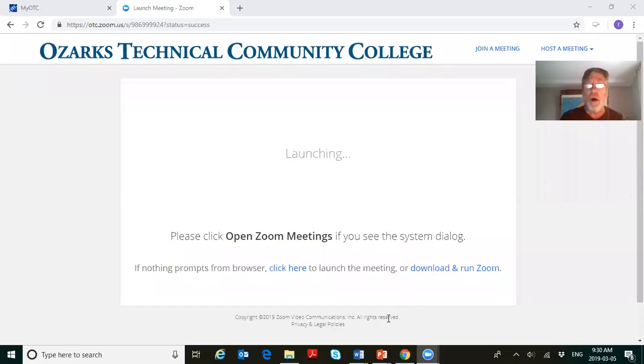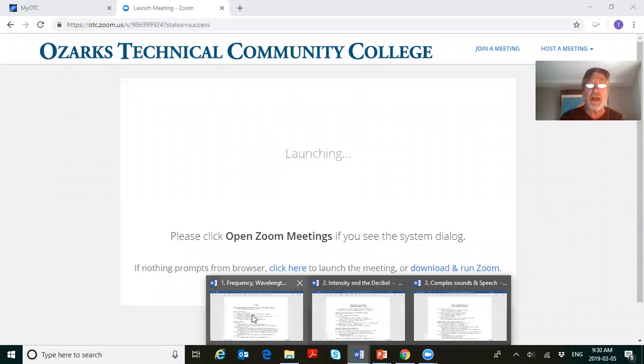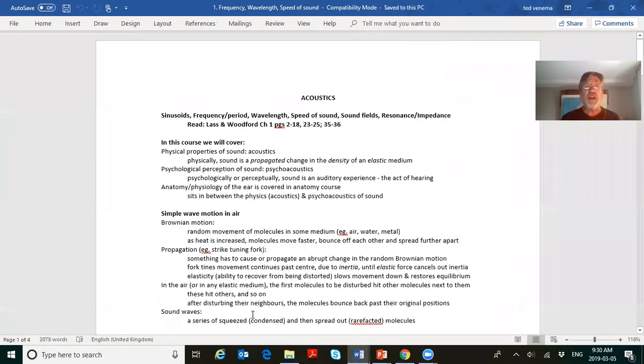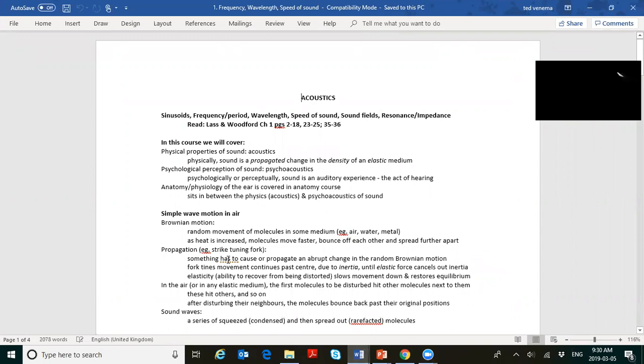All righty. We'll see what I can see. I will share screen here, and we'll pull up unit number 1: frequency, wavelength, speed of sound. And we'll highlight the areas. The purpose here is to highlight the areas that you should concentrate on for any type of midterm exam.